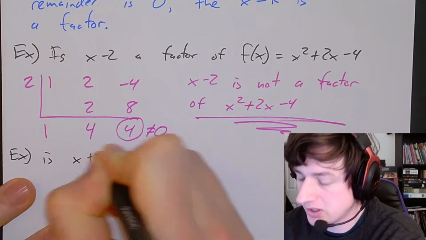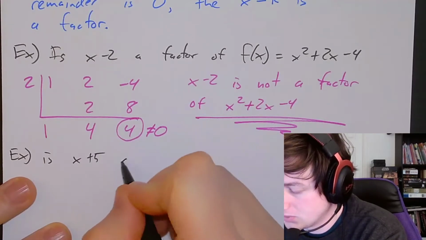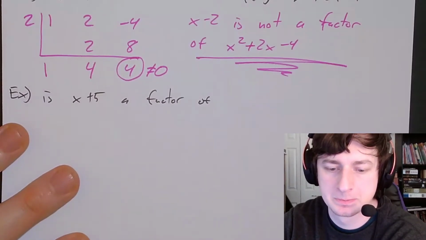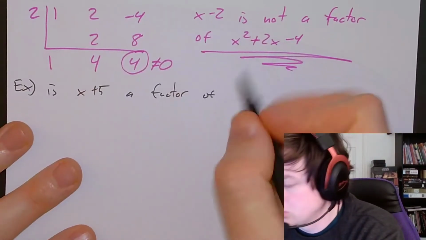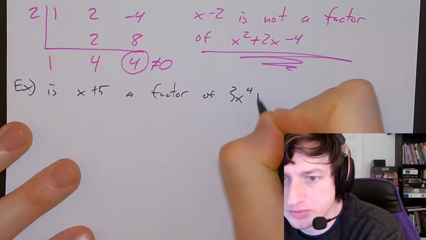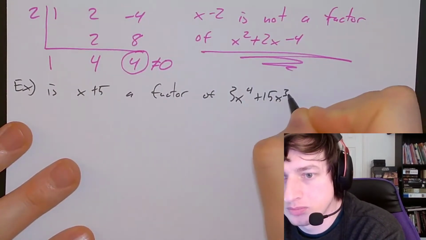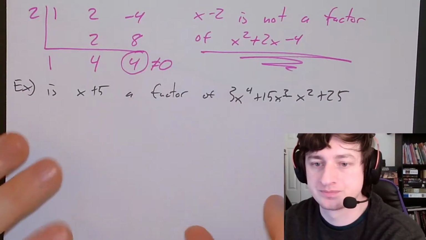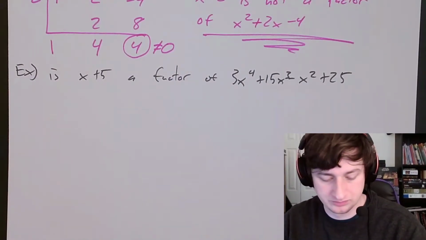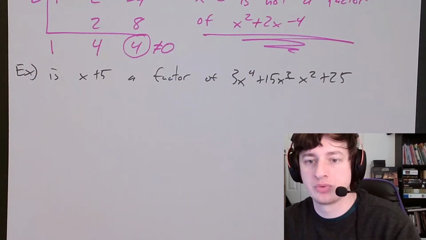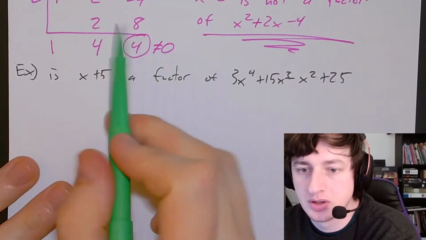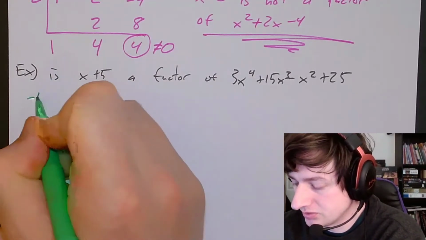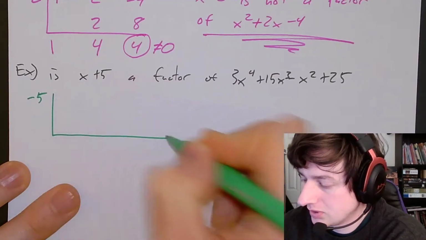Is x plus 5 a factor of 3x to the 4th, 15x cubed, minus x squared plus 25? So for our synthetic division, we set it up using the opposite here. Whatever number turns this into 0, that's the number we use. So it's negative 5. And then we use the coefficients.